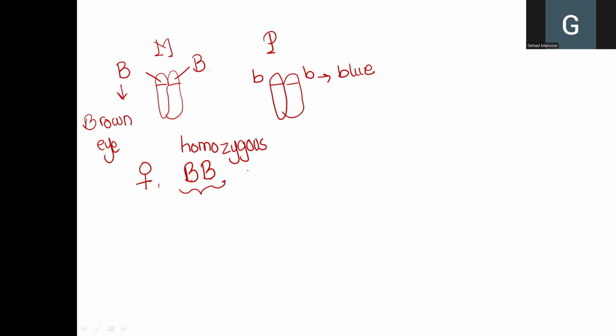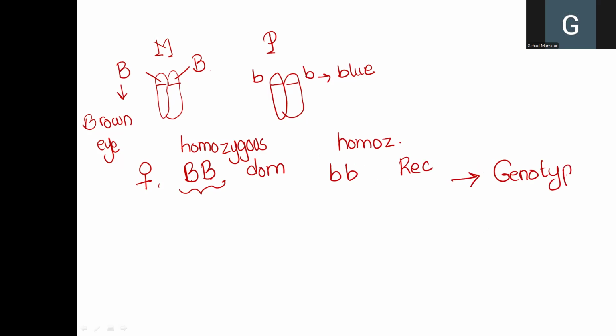Similarly, the mom is homozygous dominant, and the dad is homozygous again, but recessive. Why? Because the genotype of the dad is B small, B small. So this line in your genetic diagram represents what we call the genotype, or in other words, the genetic makeup of the individual.